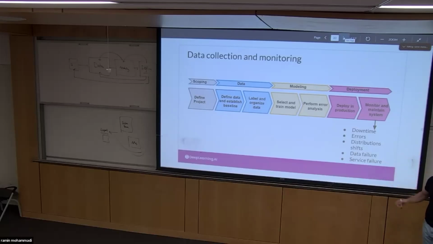It continues after you develop and deploy the model, because it's really important to keep monitoring. When you monitor, you get new data: data around your downtimes, errors, distributions, whether there has been some shift in your distribution, any data failure, any service failure. These are all new data that comes to your system, and you need to monitor for that.